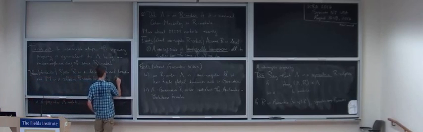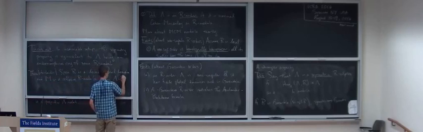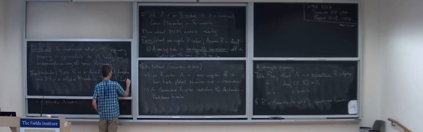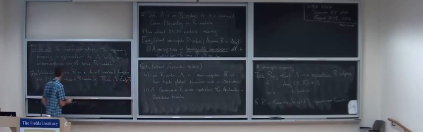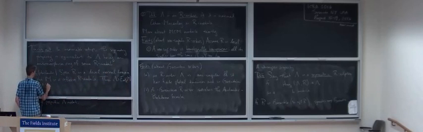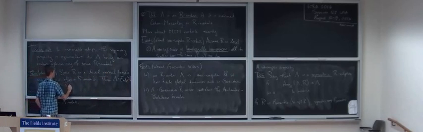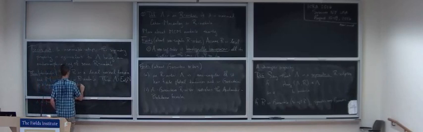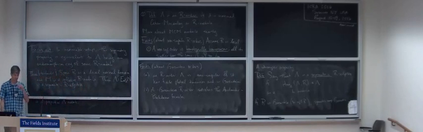Then the endomorphism ring over R of M, which I'm going to call lambda, is a symmetric R algebra.